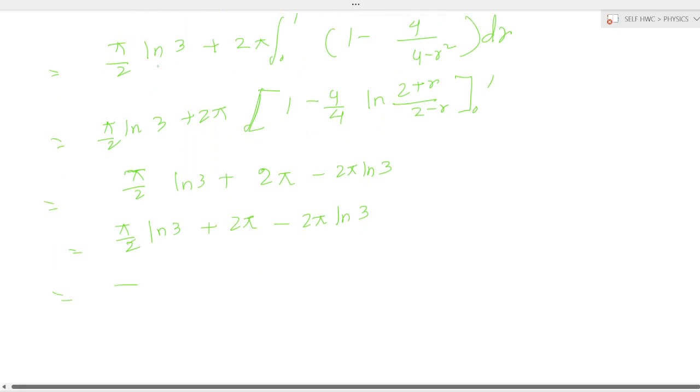Okay, pi common: pi (2 − 3/2 ln 3). Okay, this is proved.